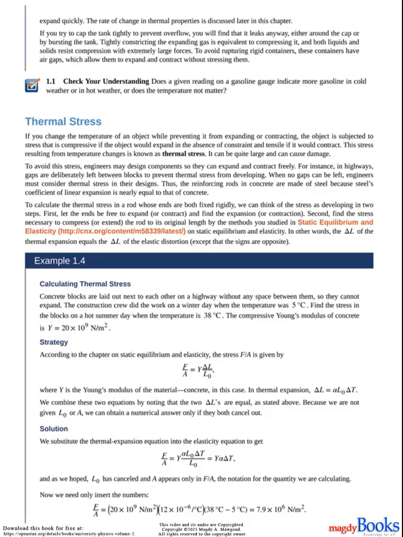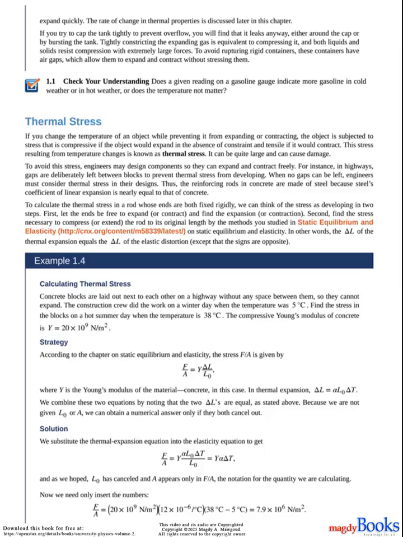Solution. We substitute the thermal expansion equation into the elasticity equation to get F/A = Y α L0 ΔT/L0 = Y α ΔT. And as we hoped, L0 has cancelled, and A appears only in F/A, the notation for the quantity we are calculating. Now we need only insert the numbers.